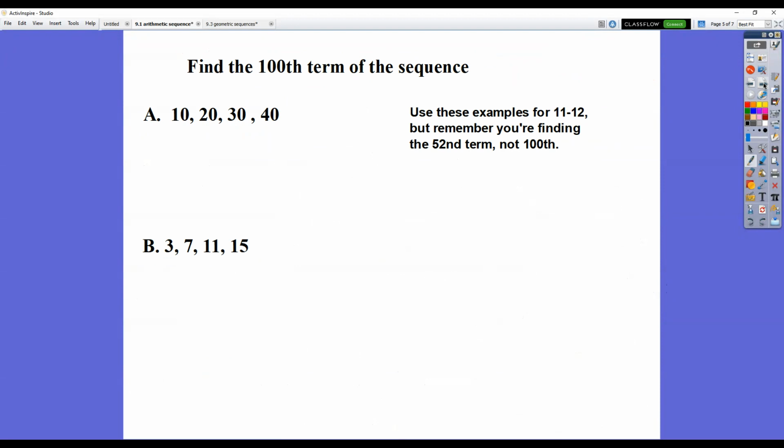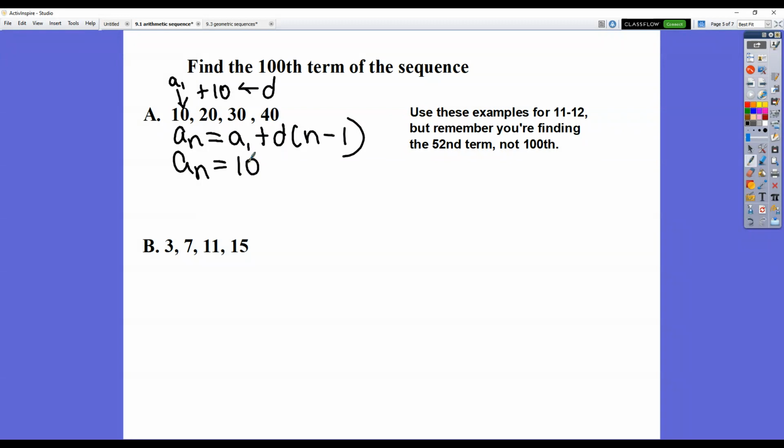Okay, find the 100th term of the sequence. We just did this. So you have to start with the explicit formula. A sub n equals a1 plus d times n minus 1. Okay, a sub 1 is 10. d is 10. So I write 10 plus 10 times n minus 1.